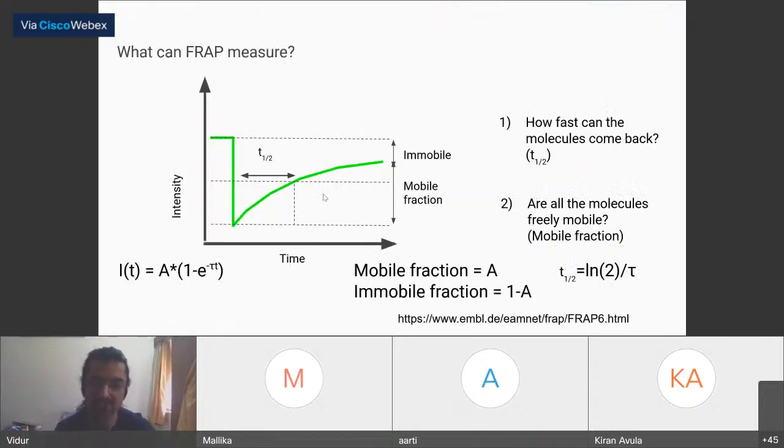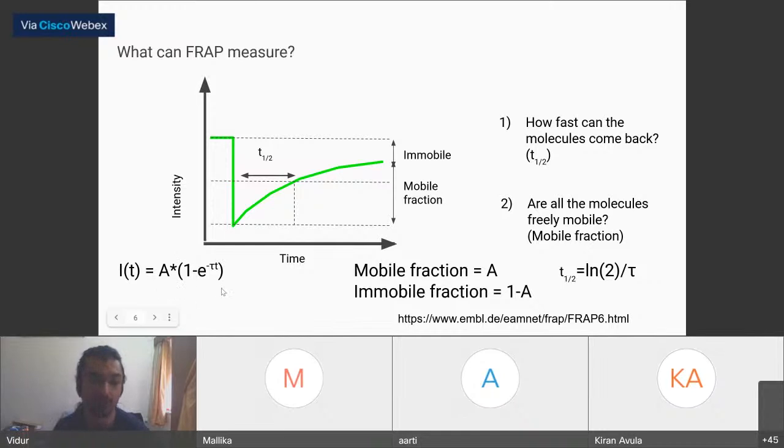So to quantify this, what we do is to model these recovery kinetics using a single exponential. I'm not going to go into the derivation of the single exponential. I've put up a link over here. If anyone is interested, they can follow this link, and it wonderfully explains why this single exponential is used and what all parameters can be acquired from it.